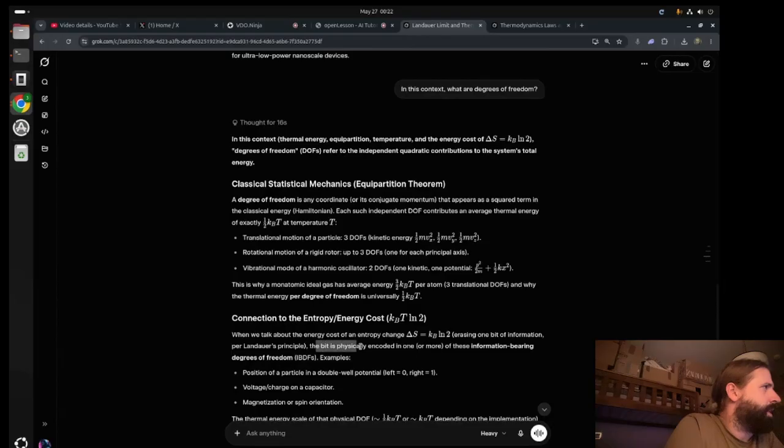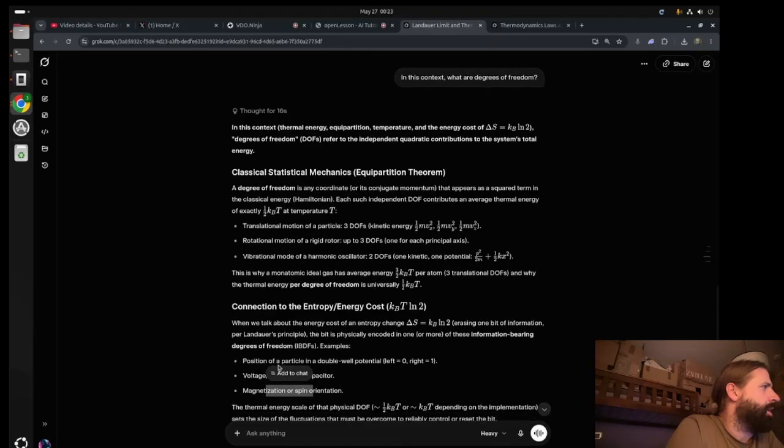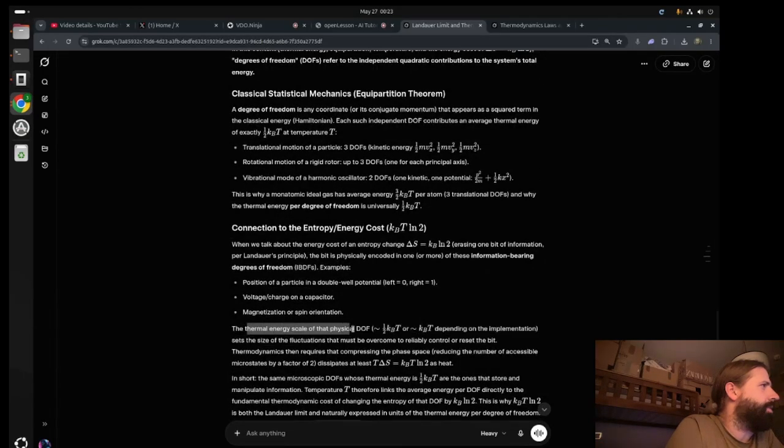The bit is physically encoded in one of these information-bearing degrees of freedom: the position of a particle in a double well potential, the voltage charge in a capacitor. The thermal energy scale of that physical degree of freedom sets the size of the fluctuations that must be overcome to reliably control or reset the bit.